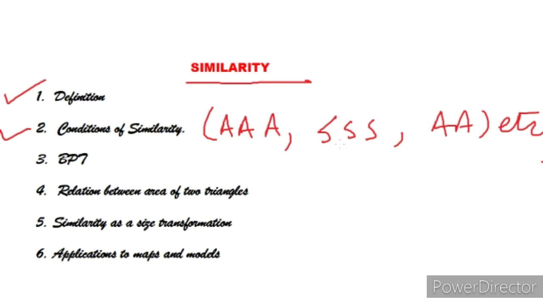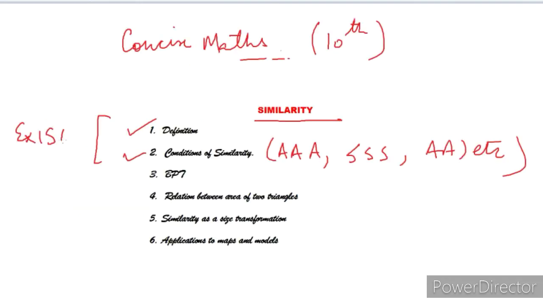It means all the problems based upon the definitions and conditions of similarity will be included. If I talk about these two topics, then everything from exercise 15A we are going to do from this chapter.